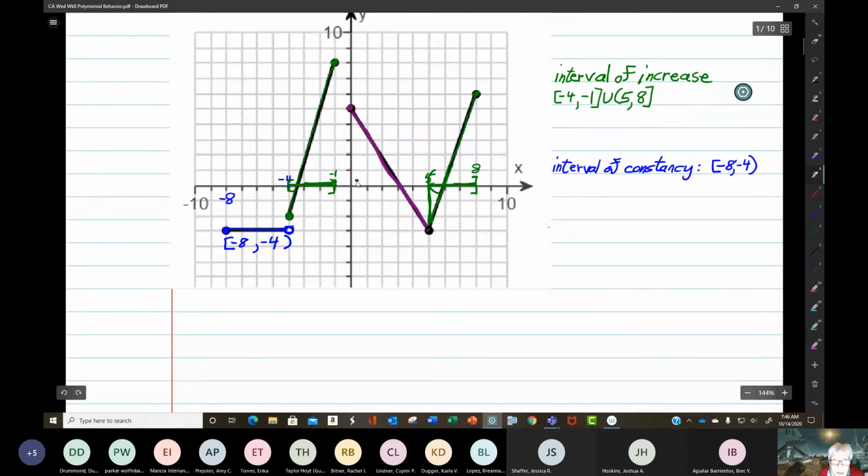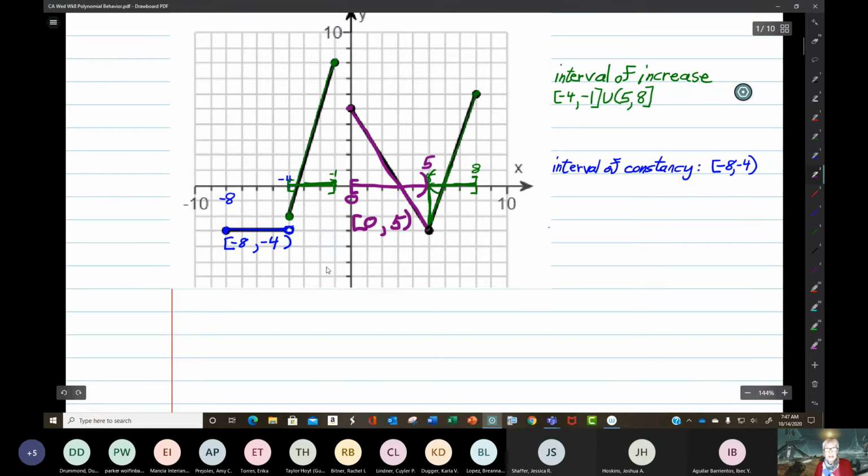So, the part of the x-axis that goes along with the decreasing part of the graph would be, okay, this is x equals 0 right here. And this is x equals 5. So we're going to have 0 to 5.